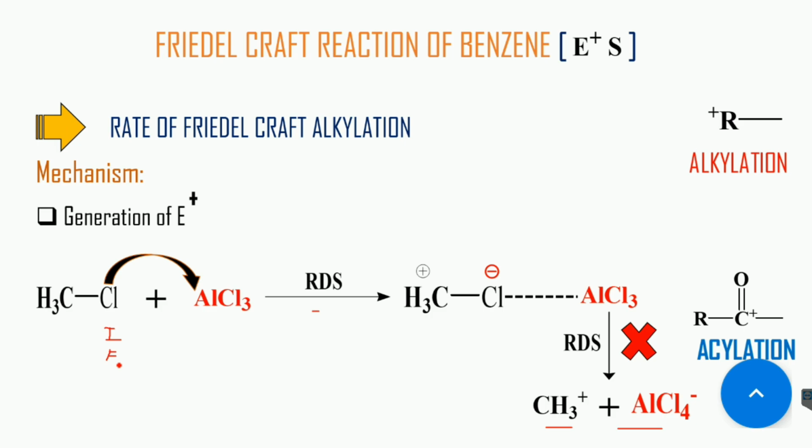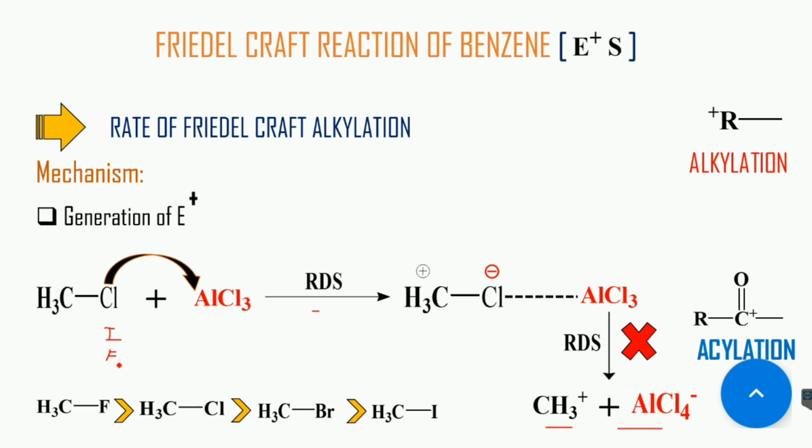So that's why the rate of Friedel-Crafts alkylation is this one. So the halogens from smaller to bigger size can donate their electron faster and generate the electrophile as well.